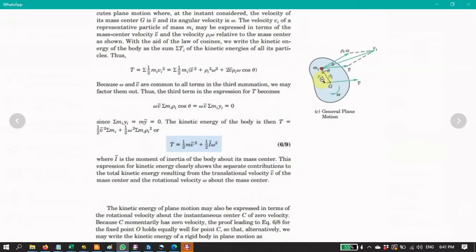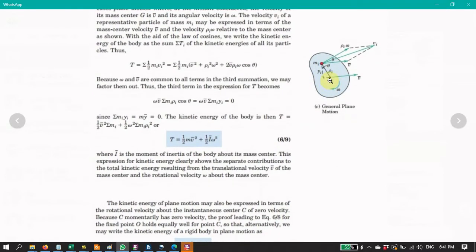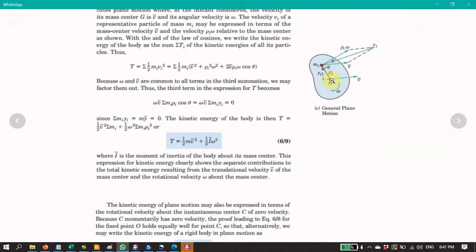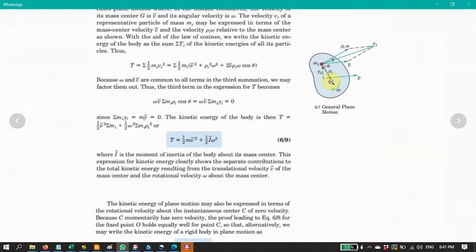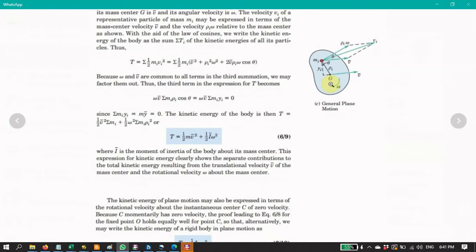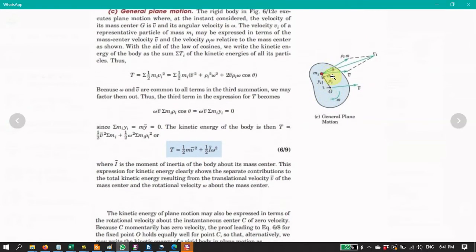The first one is the mass center. The mass center can be calculated, can be determined, and sometimes is defined for you. And the body will rotate with the same angular velocity omega.